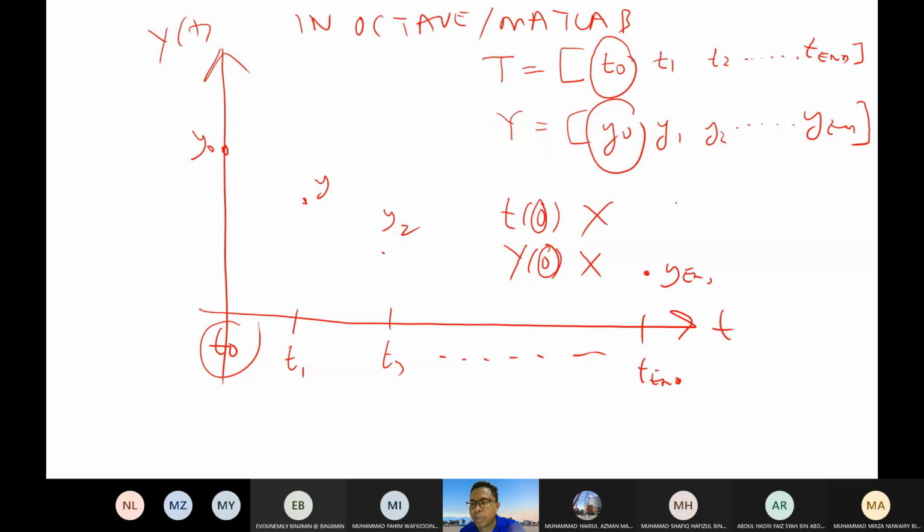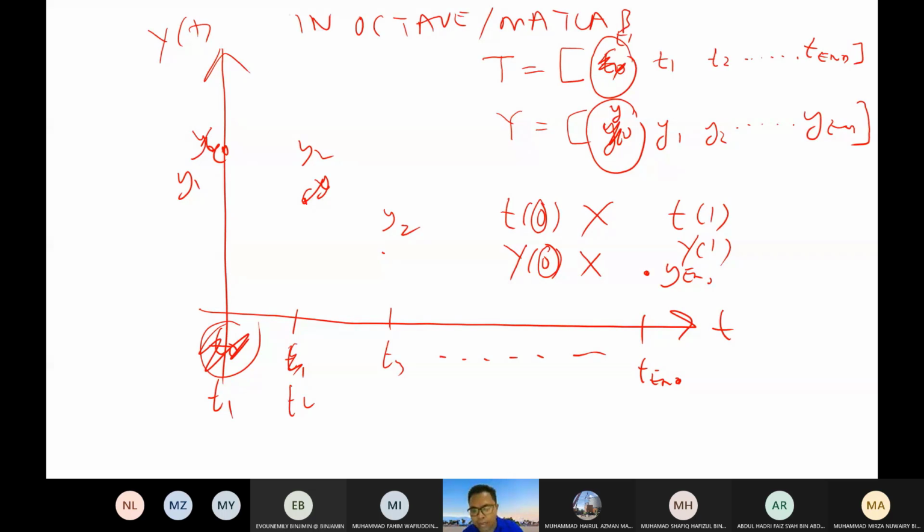Meaning that we have to use T1 and Y1. So here I have to write this as T1 and Y1, and this will become T2 and Y2 and so on.